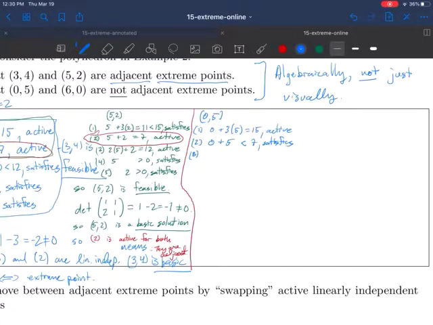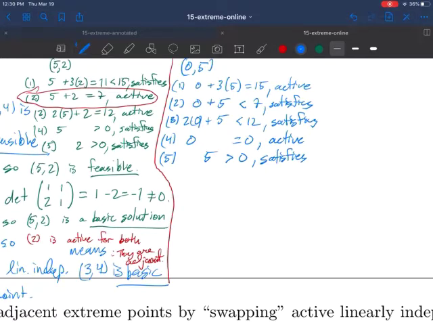Constraint 3 is 2 times 0 plus 5, which is 5, less than 12, so it satisfies it. Constraint 4: 0 equals 0, obviously, so that's active. And 5 is strictly greater than 0, so that satisfies. So that means (0, 5) is feasible.